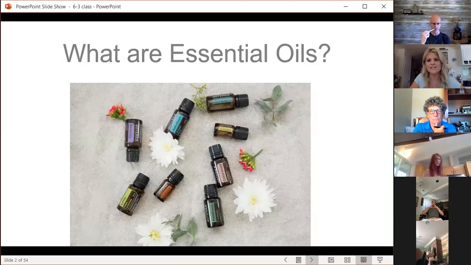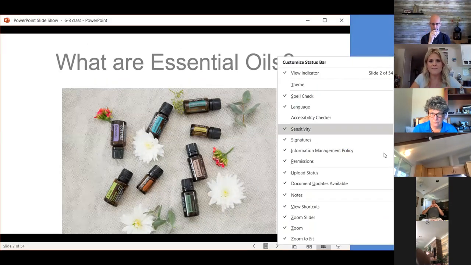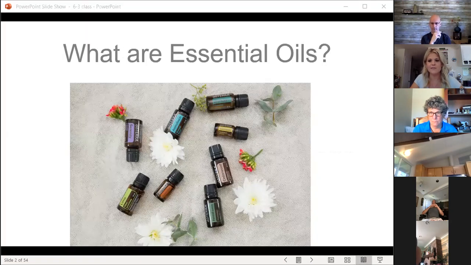All right, so what are essential oils? Essential oils are parts of plants. They can be hidden in the roots, in the bark, in the seeds. Essential oils cannot be seen with the naked eye.